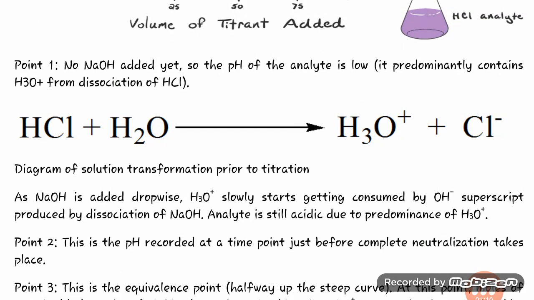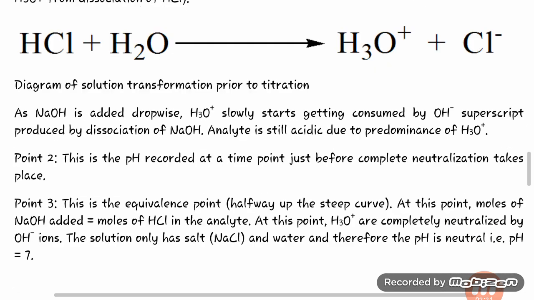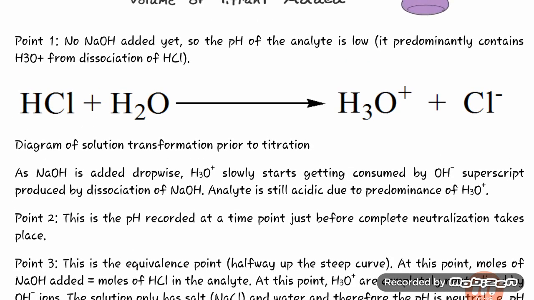Next, you can see this reaction diagram of solution transformation prior to titration. As NaOH is added dropwise, H3O+ slowly starts getting consumed by OH- produced by dissociation of NaOH. The analyte is still acidic due to the predominance of H3O+.